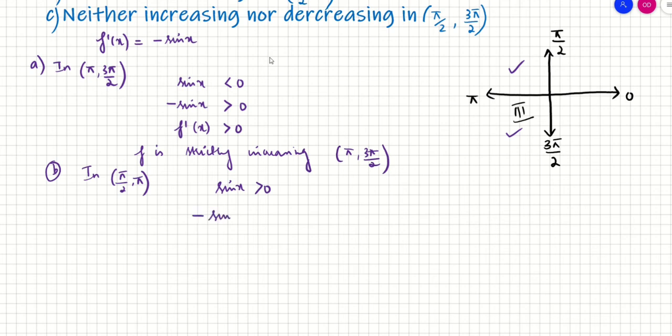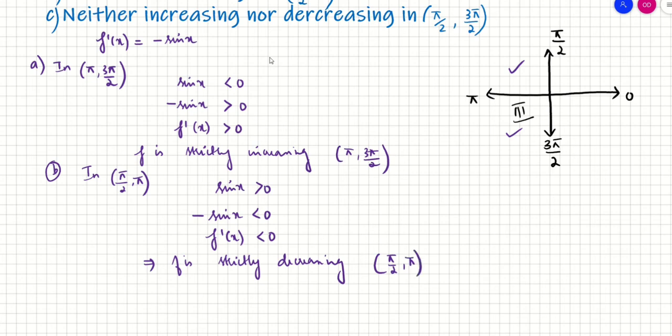But minus sin x will be less than 0. And in other words, f dash of x is strictly less than 0. This will imply that f is strictly decreasing in the interval pi by 2 to pi, or in other words, in the second quadrant.